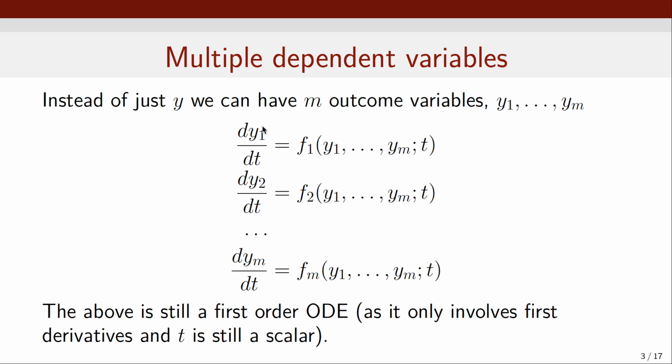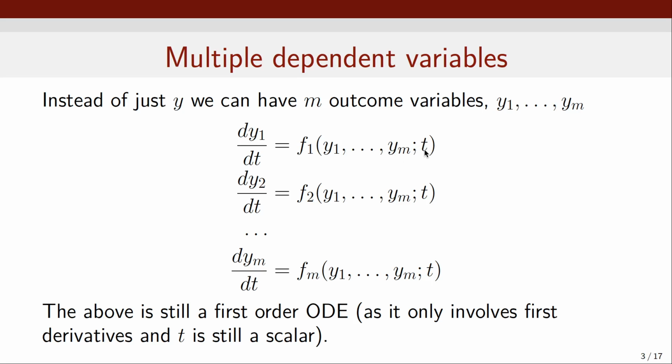And we can think of that as a vector y with an index i, and that's the evolution of that vector. And on the right hand side, we have functions that depend on all components of that vector, y1 all the way up to ym, but they may also depend on t explicitly.